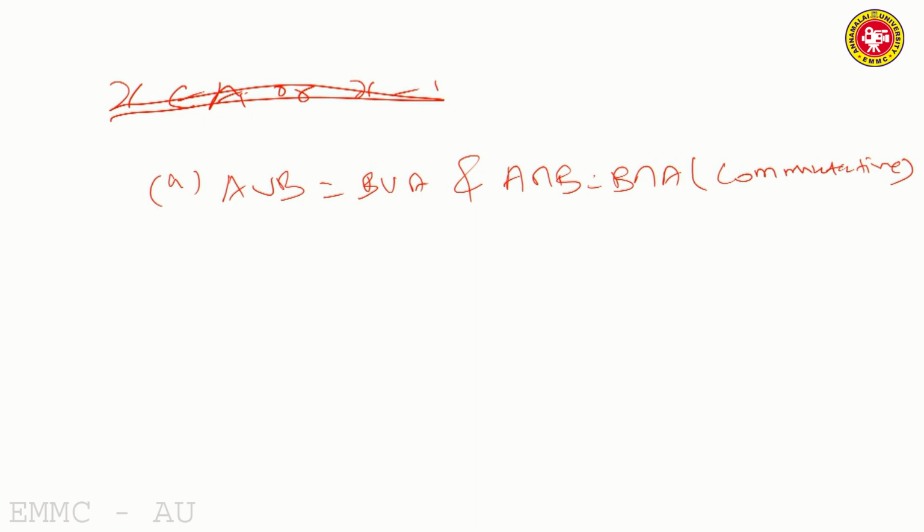This property will be applicable in a commutative group or abelian group, and this part is involved in the definition of a group, particularly for an abelian group or commutative group.